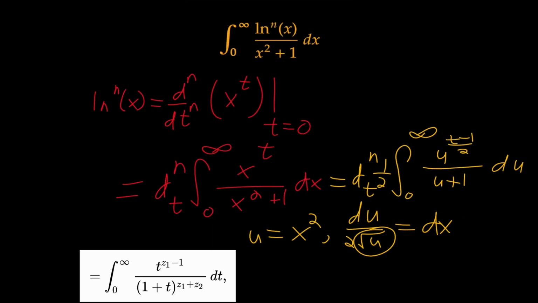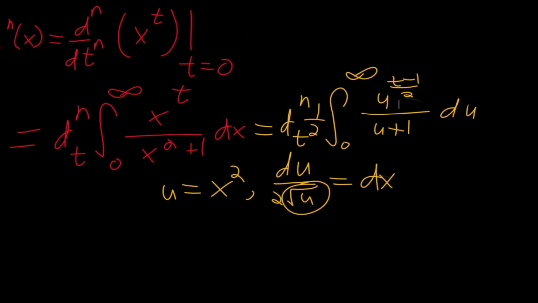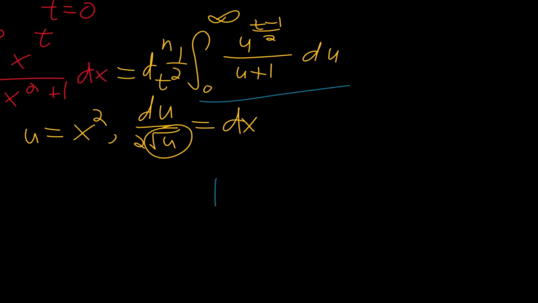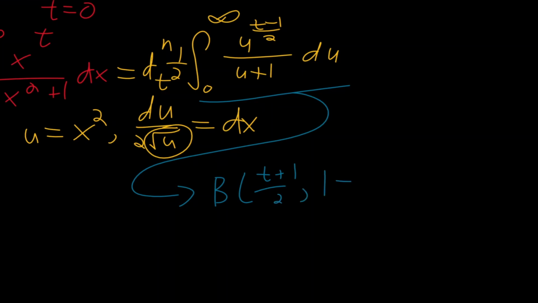And now here is where we get to apply our beta function. So this integral right here is just beta of t plus 1 over 2, and then comma 1 minus t plus 1 over 2. The reason we know this, using the notation from Wikipedia, is that we can say z1 minus 1 is equal to t minus 1 over 2.